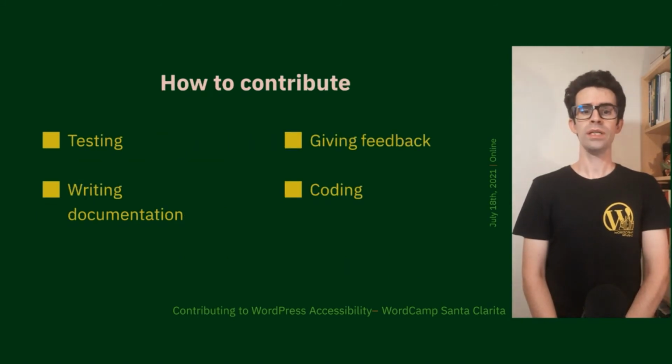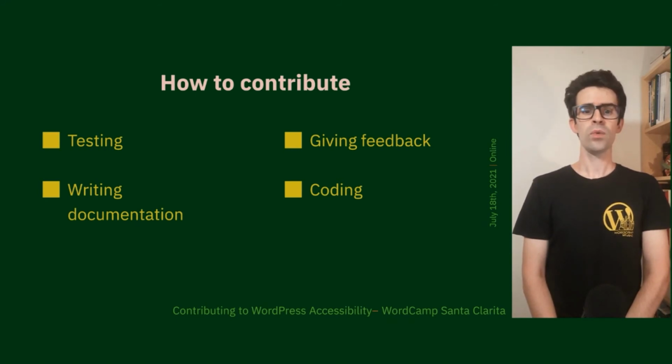A very nice way to start to contribute to the accessibility of WordPress is probably to contribute by testing. If you are a developer or you are already familiar with how patches can be tested, a good way to start to understand accessibility problems is to see how they can be solved.